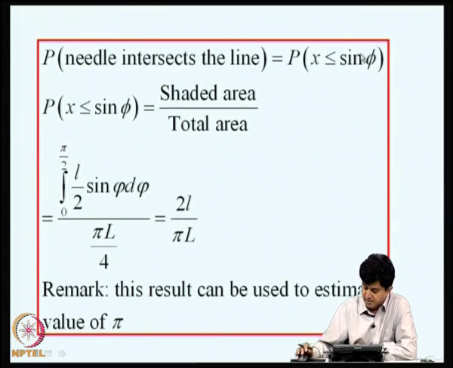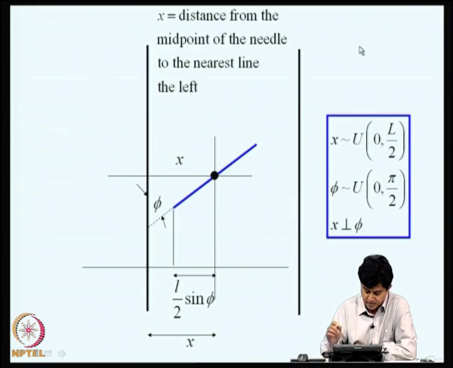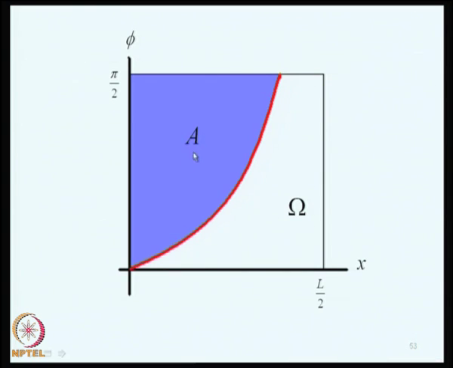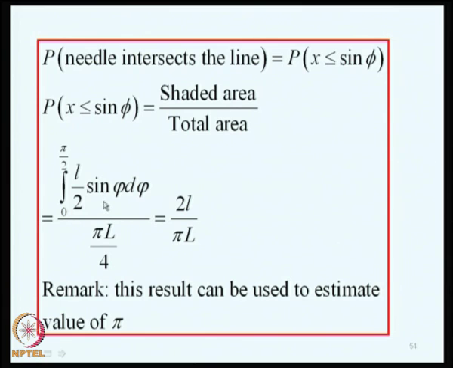That means this shaded region A, in the phi-x plane, capital omega is this rectangle which is the sample space, and this blue shaded region is the subset of the sample space which is favorable to the event that we are looking for. And if we do the calculations, we find that the probability of x less than or equal to sin phi is 2l by pi L.